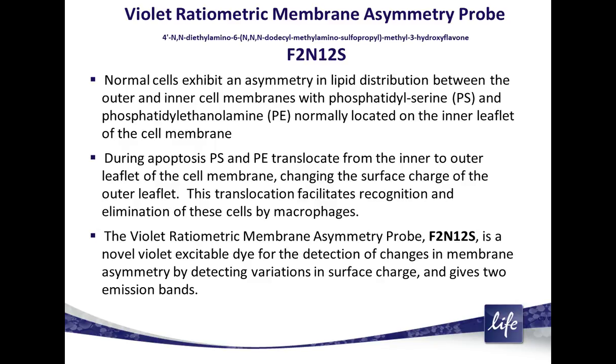The Ratiometric Membrane Asymmetry Probe is a novel violet-excitable dye that can be used for detection of changes in membrane asymmetry by detecting variations in the surface charge, and this actually gives two separate emission bands.